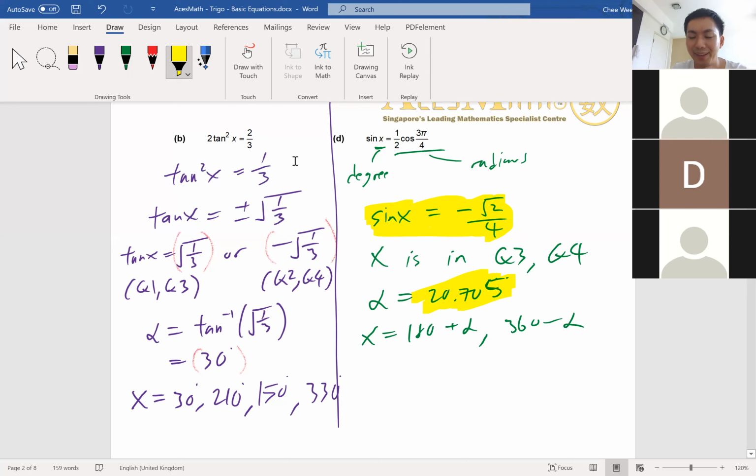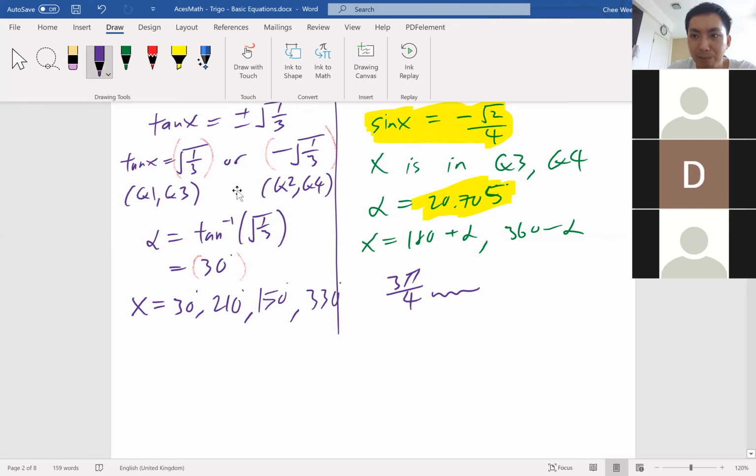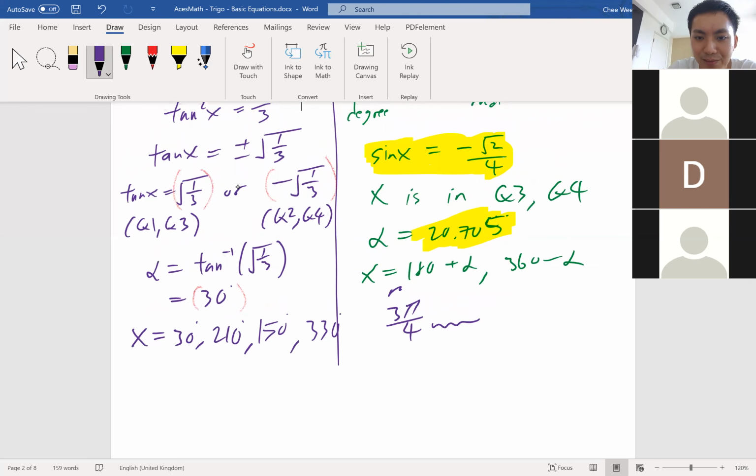Regardless, it's actually possible to train to memorize all these things also. So let's try. David, if you look at 3 pi over 4, what do you think it is in terms of degrees? Pi over 4 is one of the values. No, I just want you to convert to degrees for the time being. There are two ways of recognizing it as a special angle. So remember, what is pi in terms of degrees?